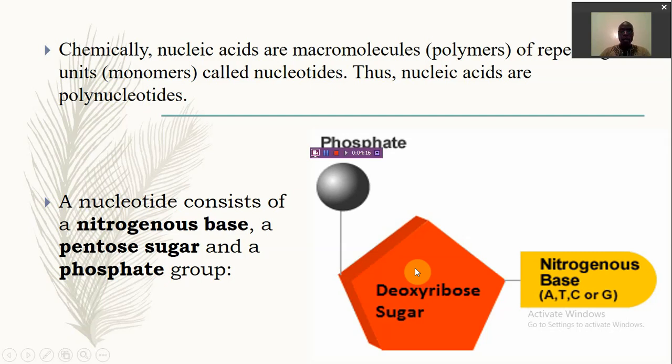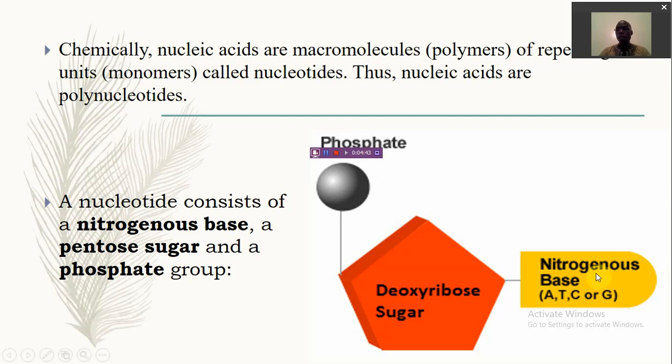Now, this is the basic structure of what a nucleotide looks like. A nucleotide consists of three basic components. The first component is a phosphate ion or a phosphate molecule. The second component is a deoxyribose sugar. Later we'll explain what a deoxyribose sugar is.